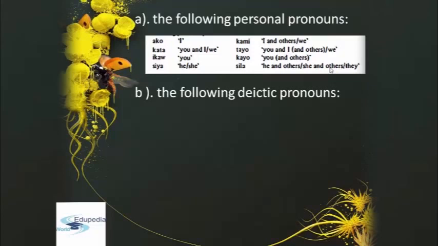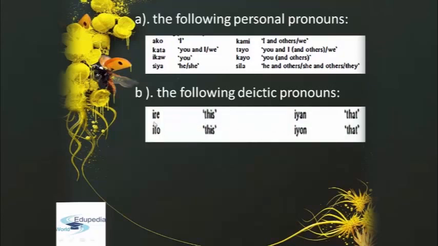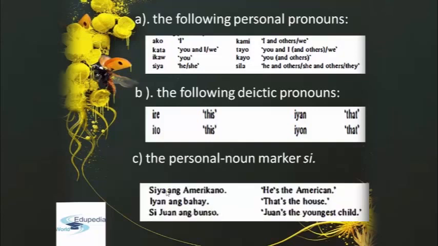And also the following deictic pronouns: ire, this; ito, also for this; iyan, that; iyon, also for that. And for the personal noun markers, we have here: siya ang Amerikano, he's the American; iyan ang bahay, that's the house; si Juan ang bunso, Juan's the youngest child.